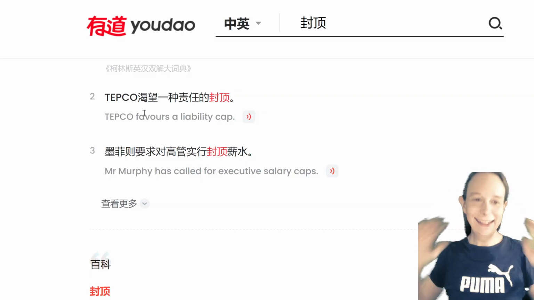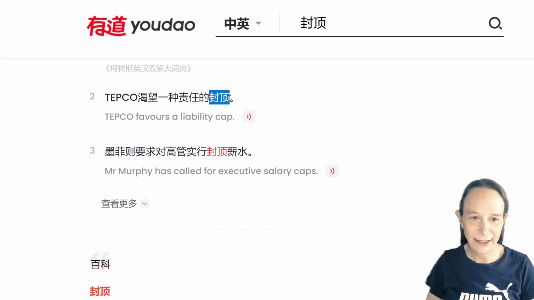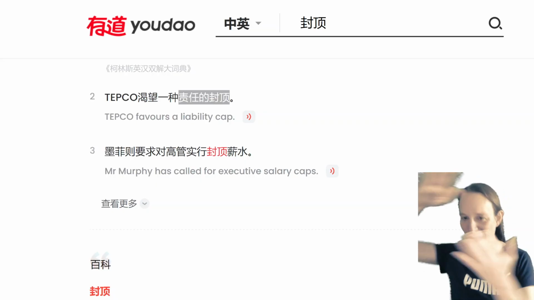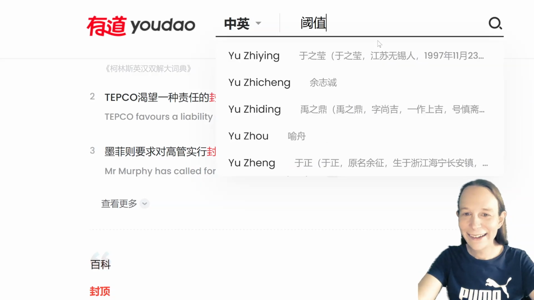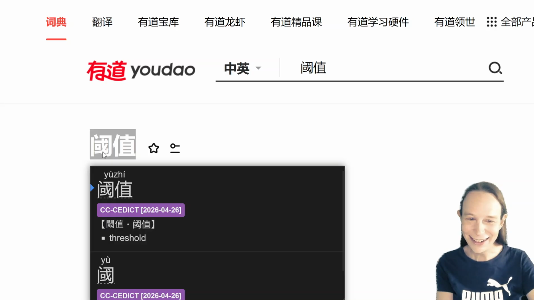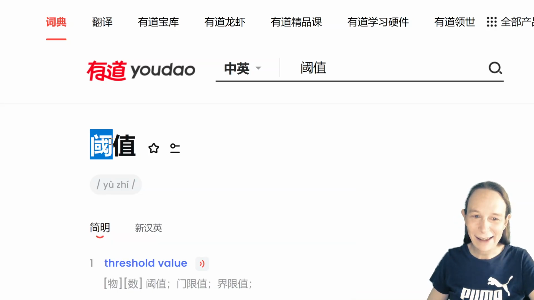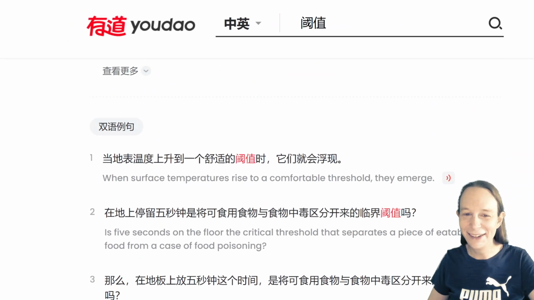TEPCO 渴望一种责任的风景, a liability cap. So like an upper threshold. Yeah, threshold. I learned this word. I've been trying to find excuses to use this word, threshold. Yu is a fairly rare character, so I'm looking for excuses to use this character.